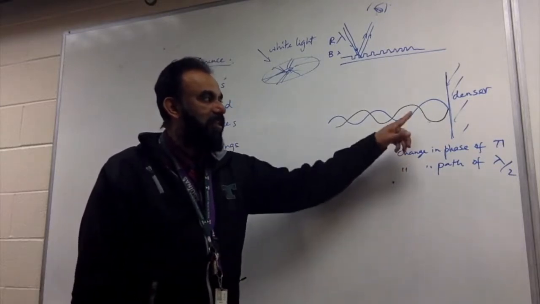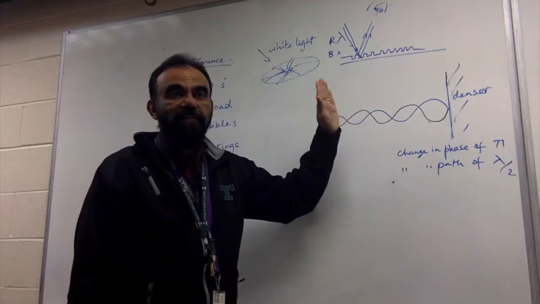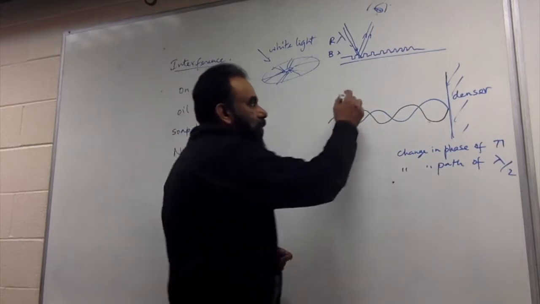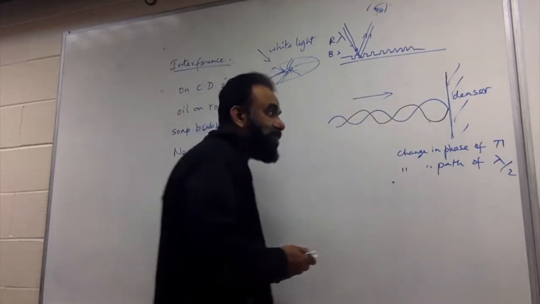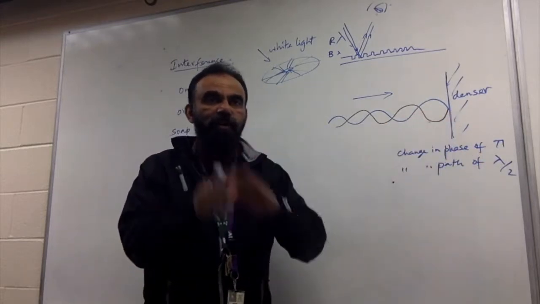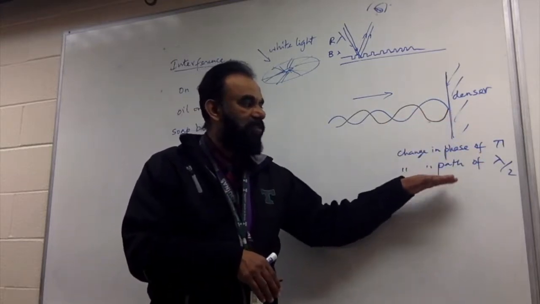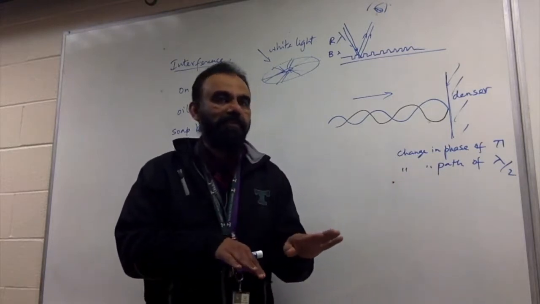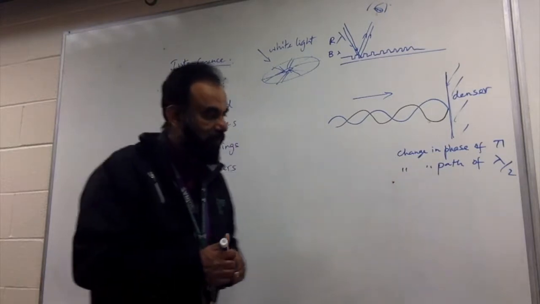When a wave goes and bounces back on a dense medium, a phase change of pi automatically takes place and a path change of lambda over 2 automatically takes place because it's a denser medium.